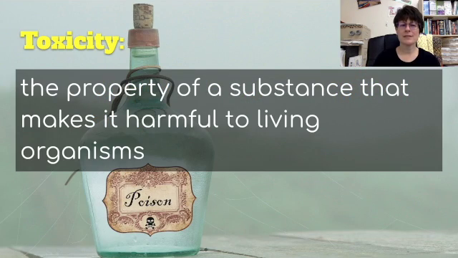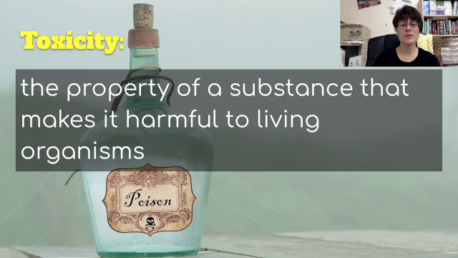There's also toxicity. This is the property of a substance that makes it harmful for living organisms. So, poisons. We have to be very careful with toxicity in the chemistry lab because we have to know the toxicity of the chemicals we start with and the chemicals that we end with, because some things we can put down the sink and they'll be fine.